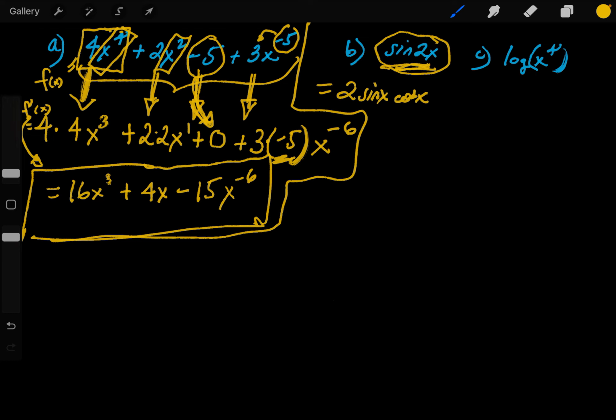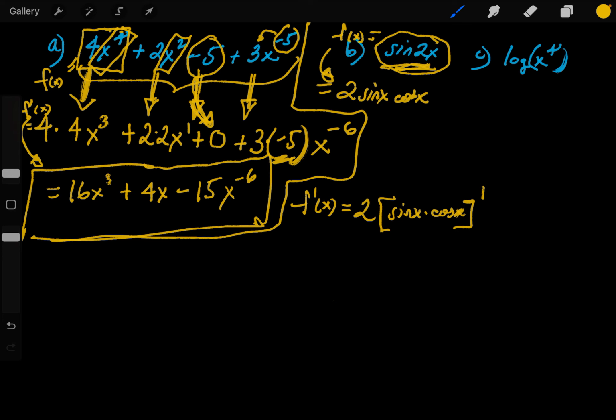If this is f of x, then this is the same thing. This is f of x. And my task is to find f prime of x. And in this case, what you could do is you could forget about the 2, and you could differentiate sine x times cosine x. Okay, so that would be the derivative, right?